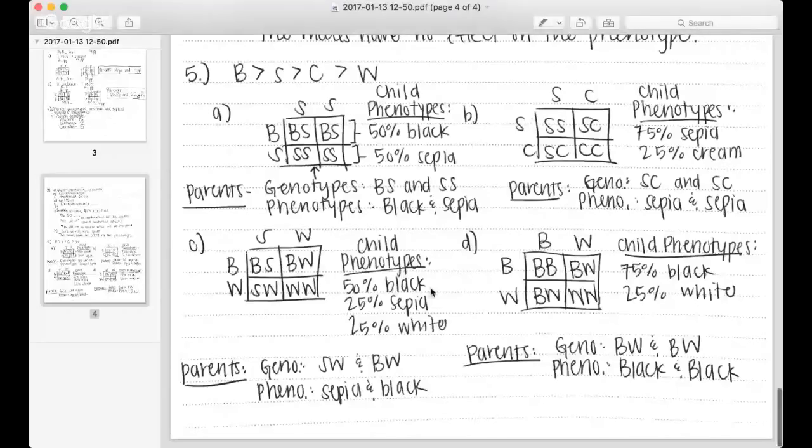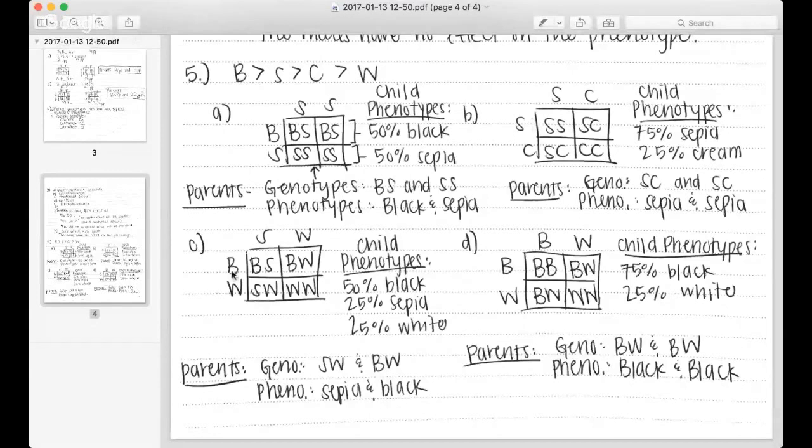So the last one I just wanted to explain was number 5, C and D. On number 5, C, we're looking for child phenotypes of 50% black, 25% sepia, 25% white. The parents we're trying to figure out, the genotype and the phenotype.